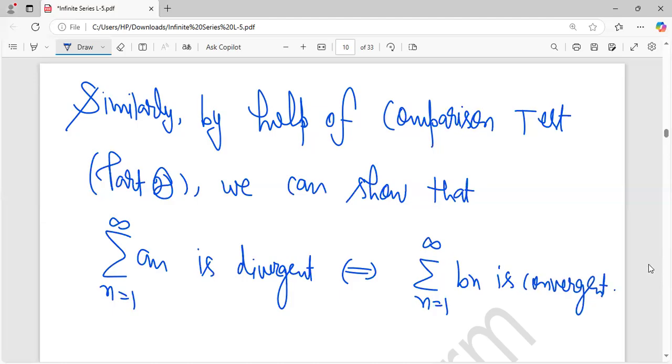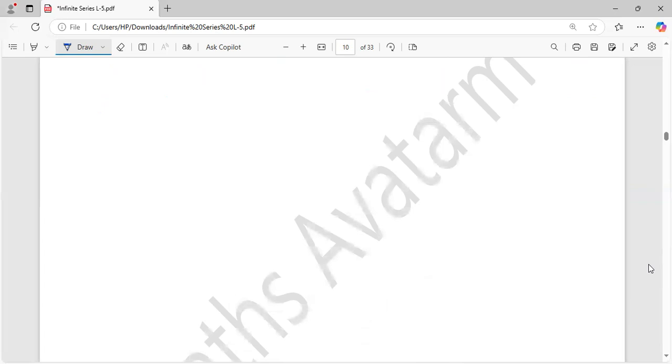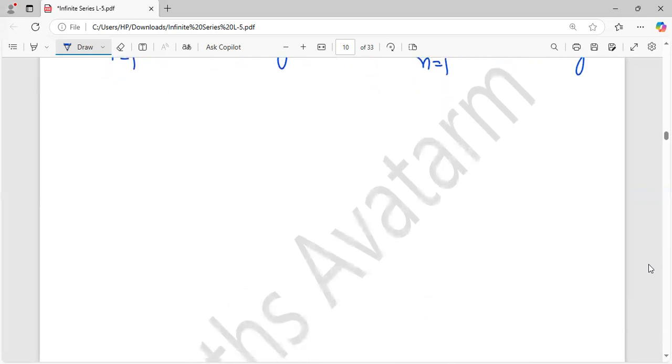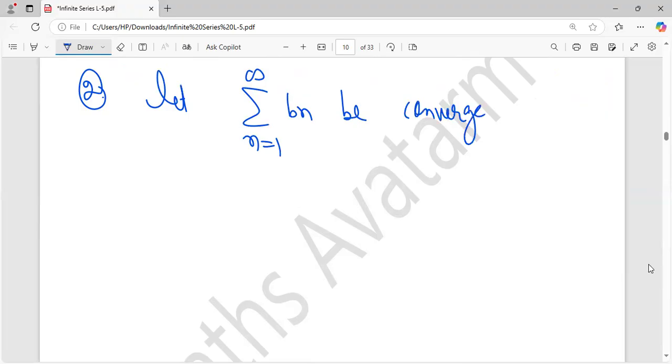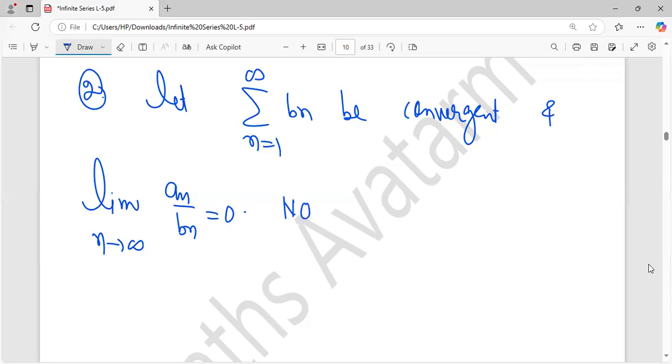Now we move to the proof of the second part. Let this series Bn be convergent, and the limit as n tends to infinity of An upon Bn is equal to 0.